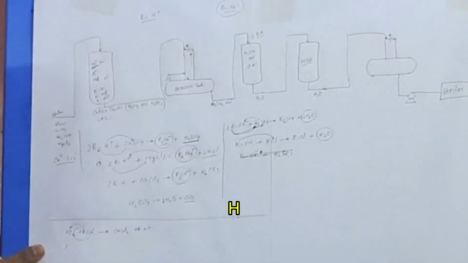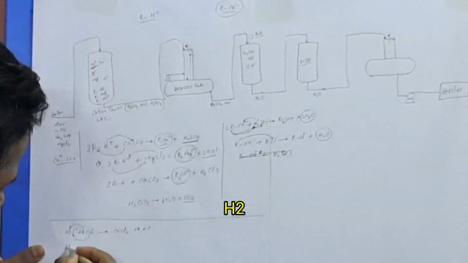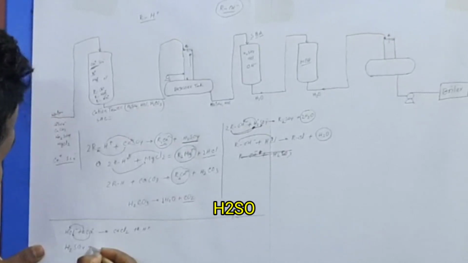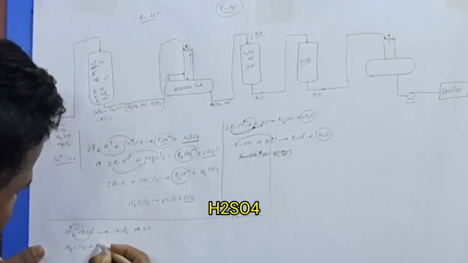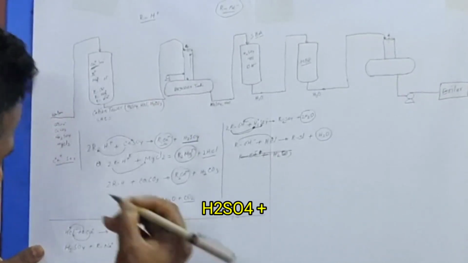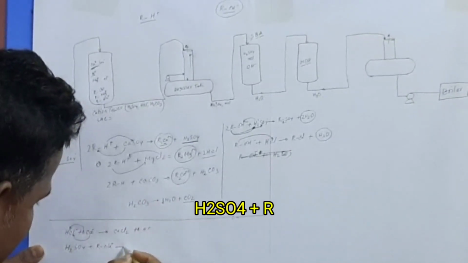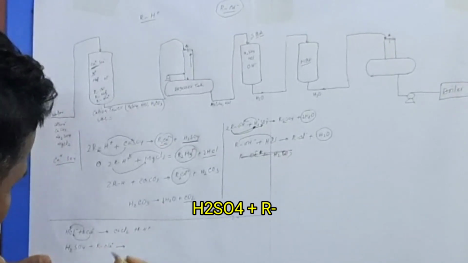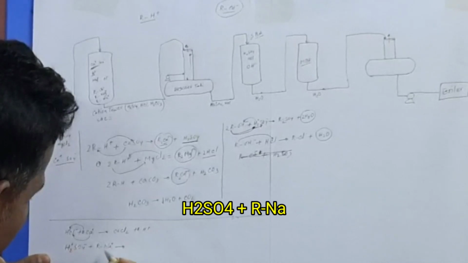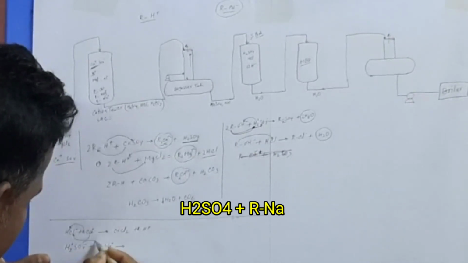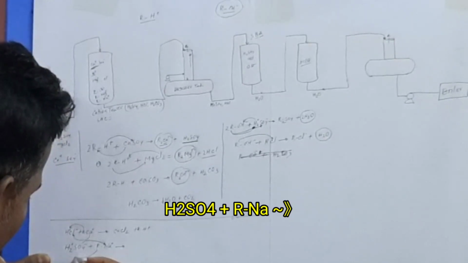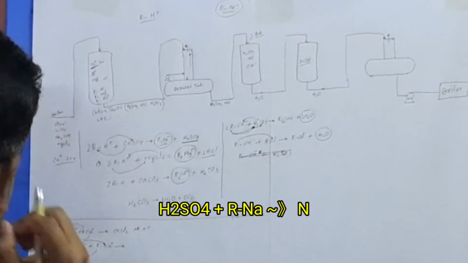Like this, if we provide sulfuric acid, what will happen? Because sulfuric acid and hydrochloric acid are both acids. If we provide sulfuric acid, H2SO4, and here R sodium, you think the sodium ion is absorbed on the cation tower. If it reacts with sulfuric acid, what will happen? Because this is negative, this is positive, so this negative will react with this sodium and R will react with hydrogen.